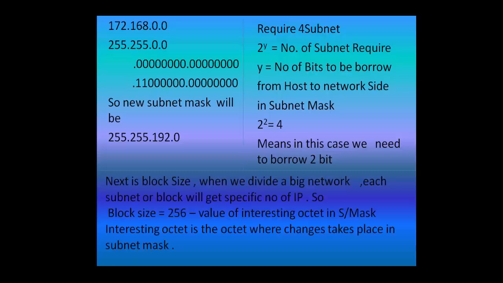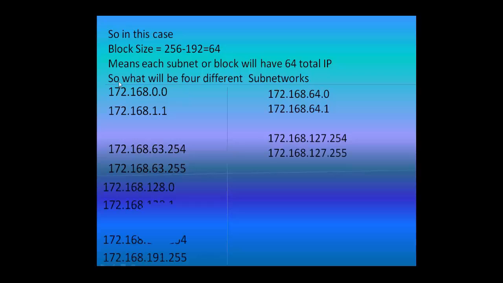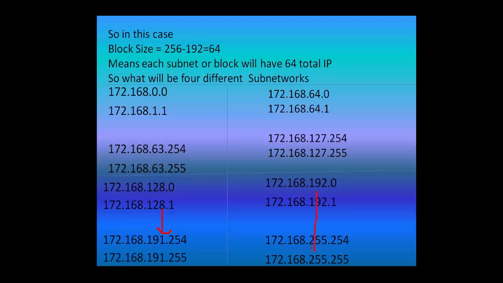Again calculate the block size. 256 minus 192, block size is 64. You can see here this variation coming here, 0 to 63, 64. 64 to 127, 64. 128 to 191, 64, and 192 to 255, 64.